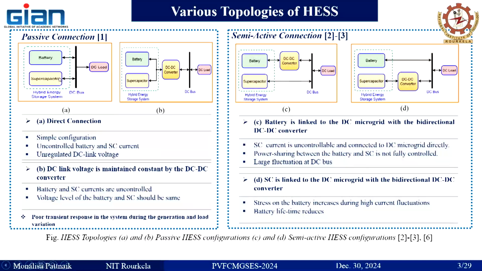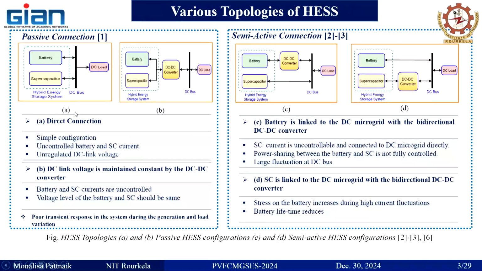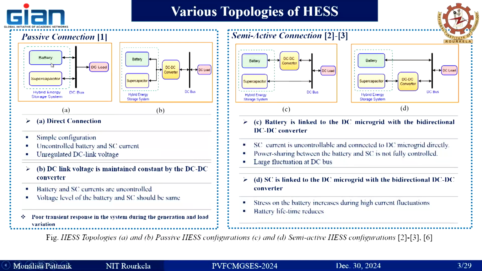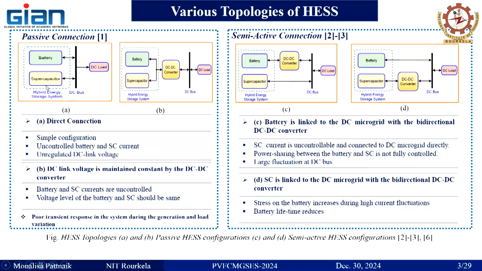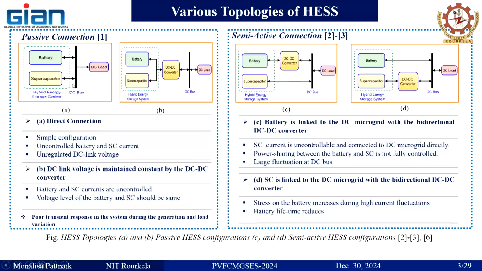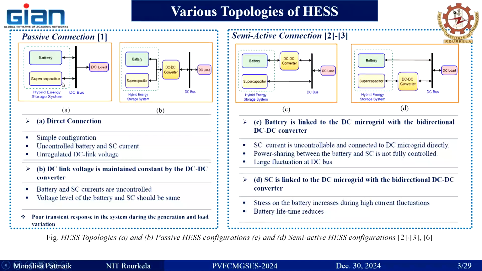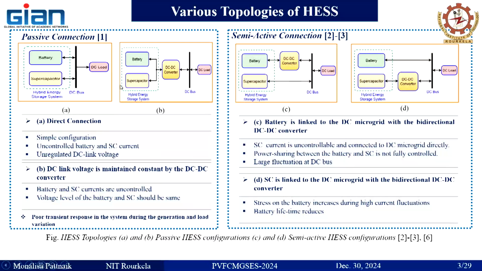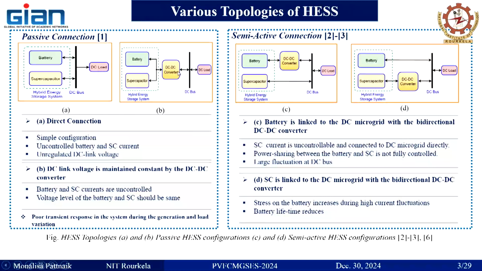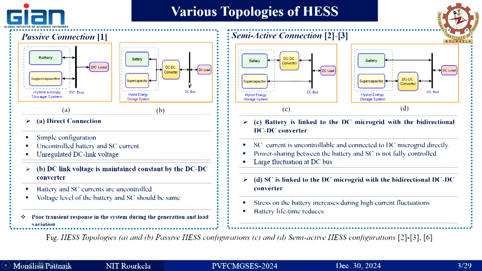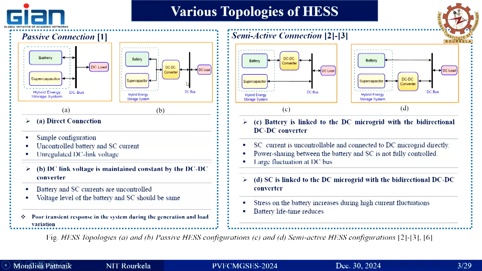If you see the passive topology, which is shown in figures A and B, here the battery and supercapacitor, this hybrid storage unit, is directly connected to the DC bus. That is one topology. In another, both battery and supercapacitor are connected in parallel and interfaced through another DC-DC converter and connected to the DC bus, which is supplying the load.